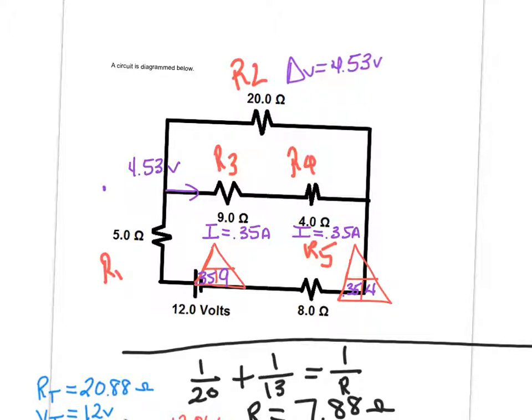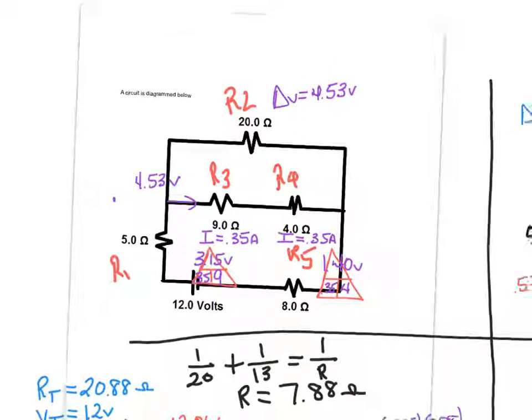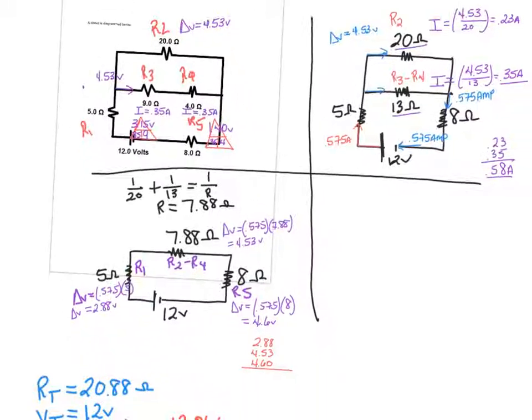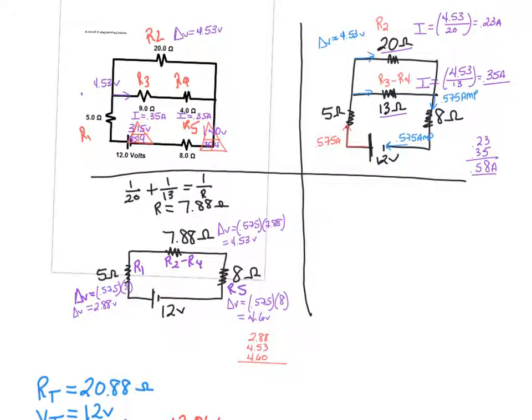Voltage drop across resistor 3 is equal to 3.15 volts. Voltage drop across resistor 4 is equal to 1.4 volts. All right, that's a lot of work, but now you can answer any questions about series and combination circuits.